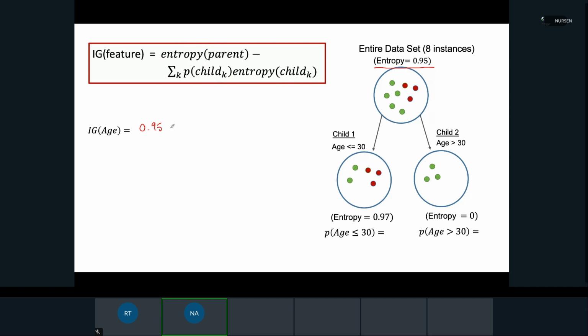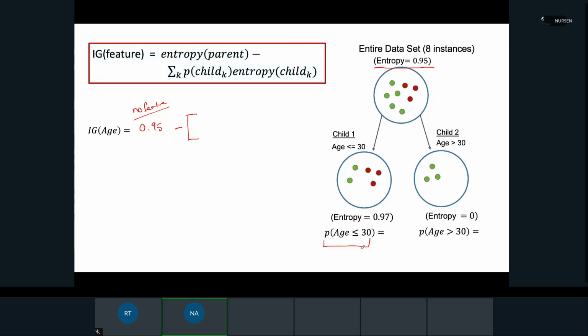So 0.95, this is the no feature case. We don't use any feature. In the no feature case, entropy is 0.95 minus. So how much can we decrease it based on age information.